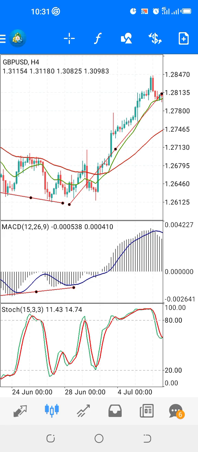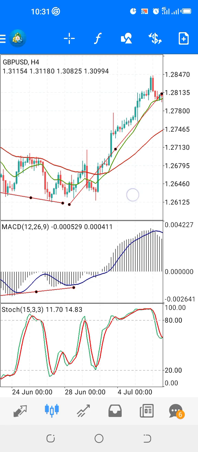That is what happened. So divergences enable us to spot the bottom or top of a trend. It tells us the exact time that a trend is possibly exhausted.